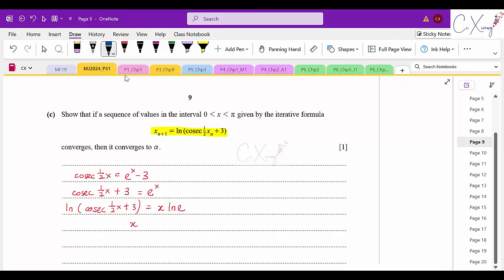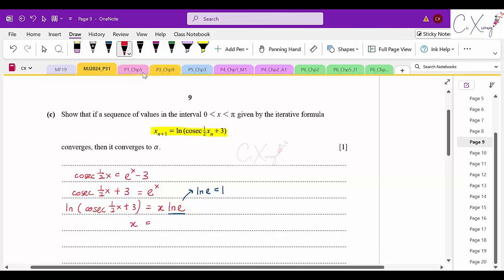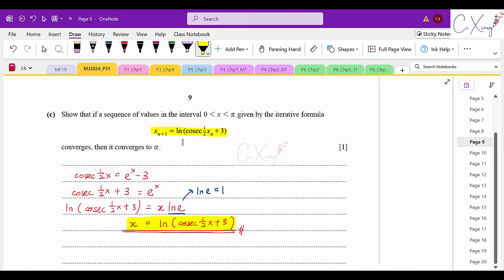Since you know that ln e is 1, therefore, if you rearrange your equation, you have x equals ln of cosecant half x plus 3. So this is how we rearrange our original equation into the iterative formula, to prove that this formula can help us get alpha.